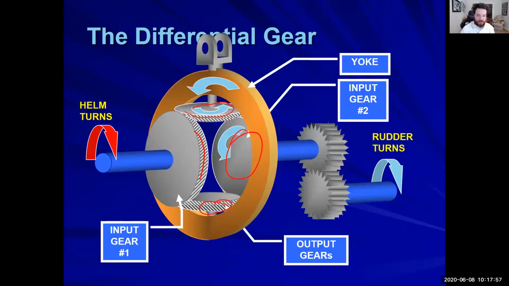What we're going to be seeing here is that our input gears are coming in. They can rotate on their axis. But our yoke and our output gears are going to be able to swivel while also rotating on their axis.